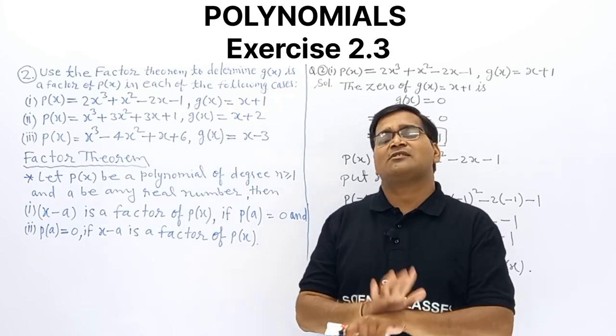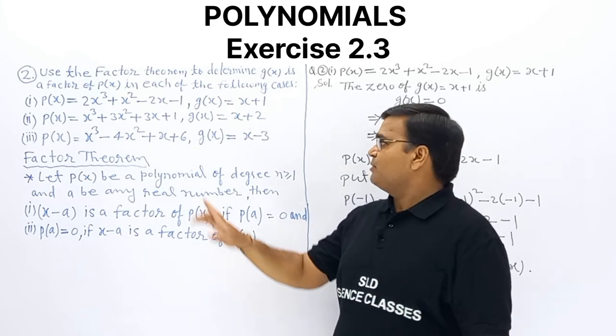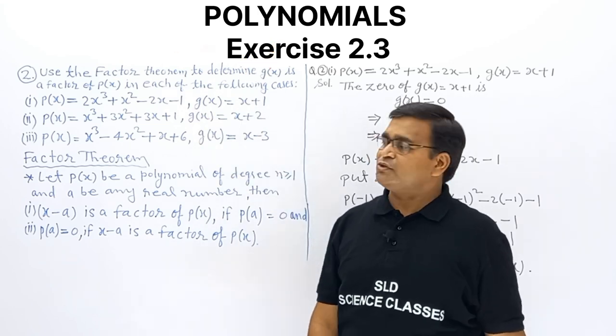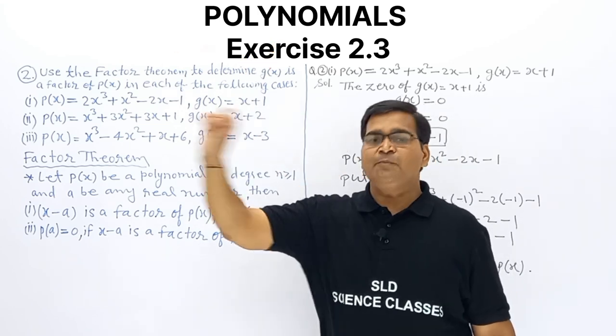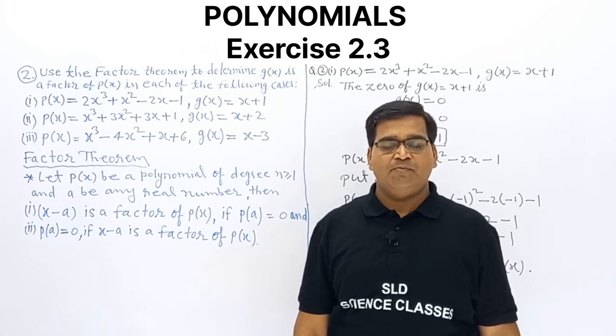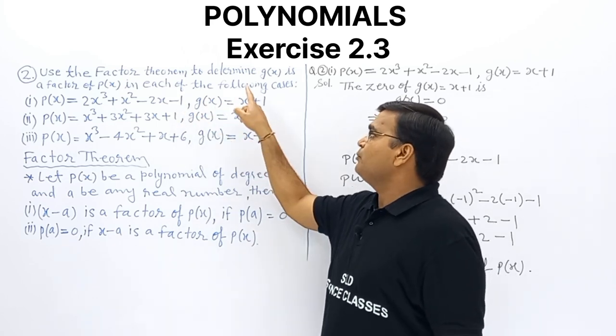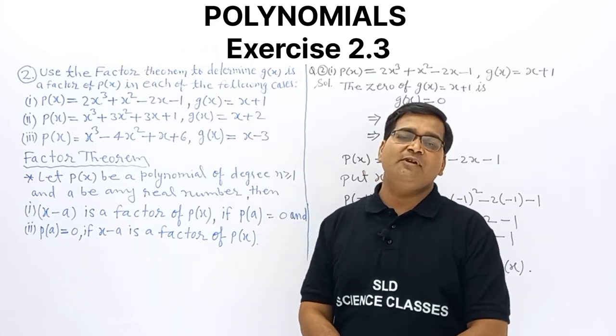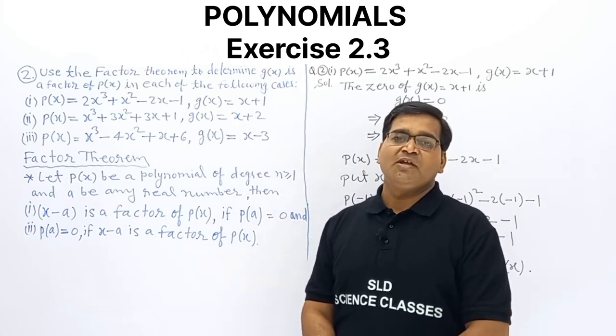So the same process will apply; the difference is that there, one factor was given for four polynomials, but here each polynomial has its own factor.